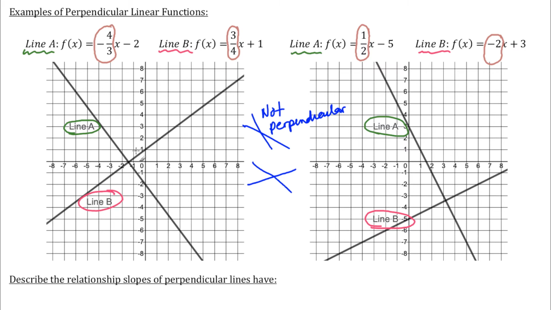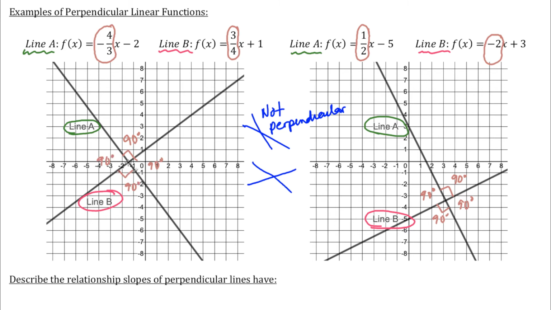So in order for a set of lines to be perpendicular and create 90-degree angles, remember these are 90 degrees, 90 degrees, 90 degrees.